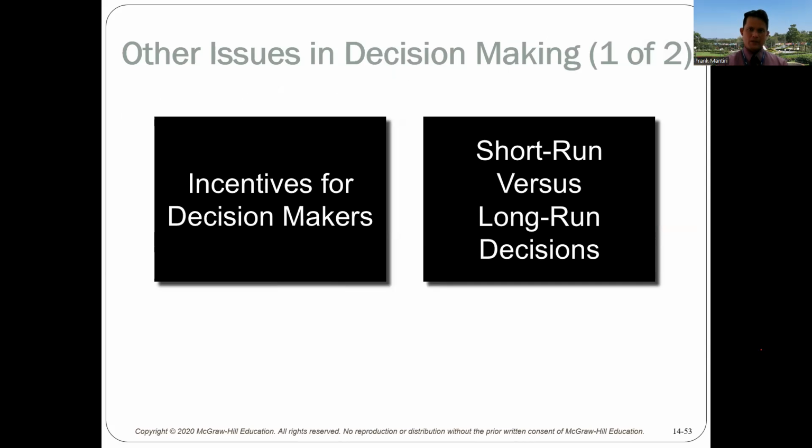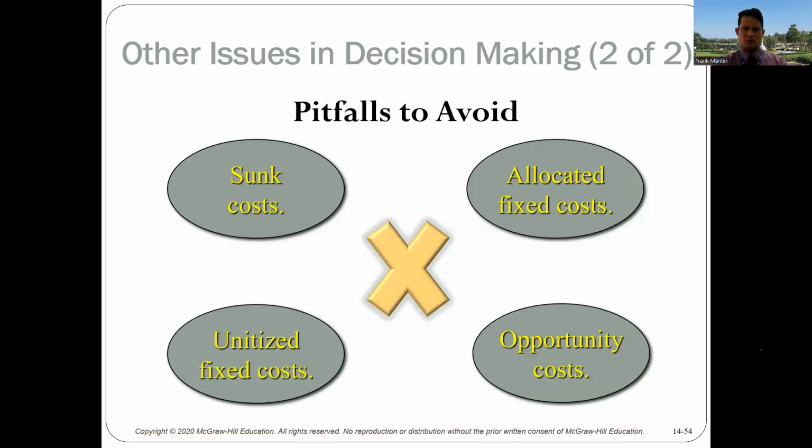That is number one. Number two is the short run versus long run decisions. If a company is running into problems in making a decision, the manager has to decide whether it is short term or long term, short run or long run. So it is very important.